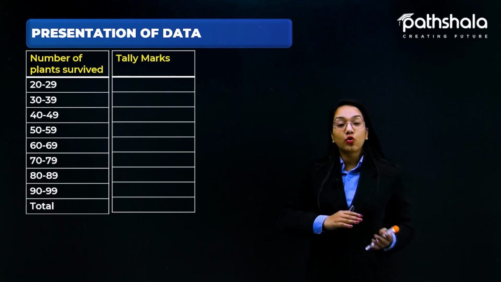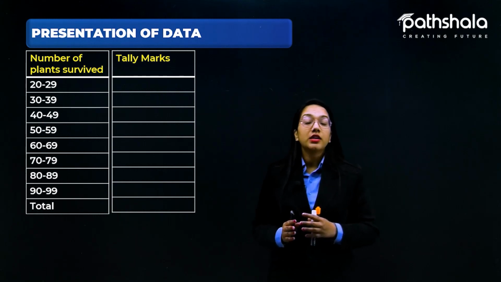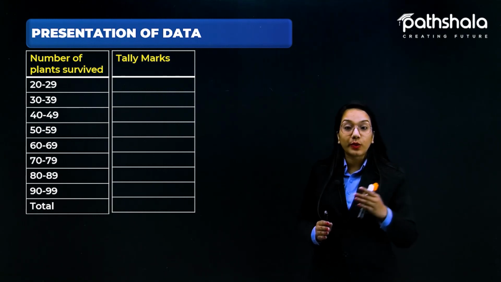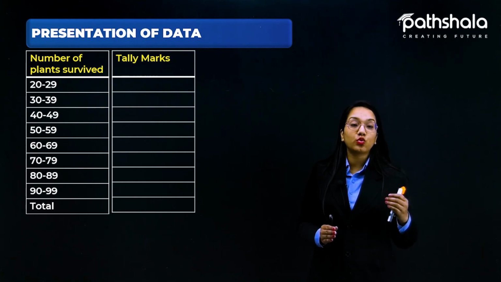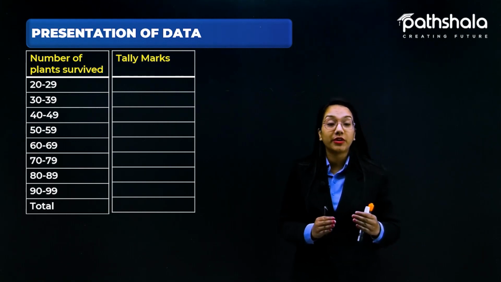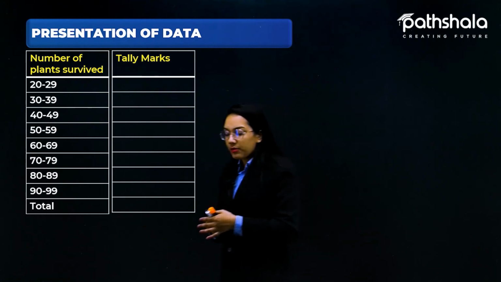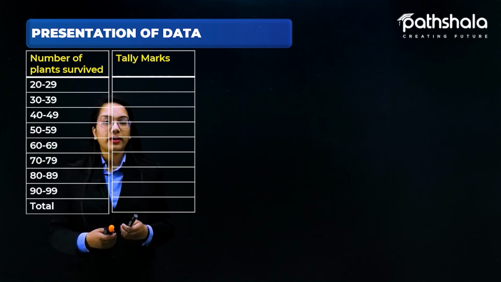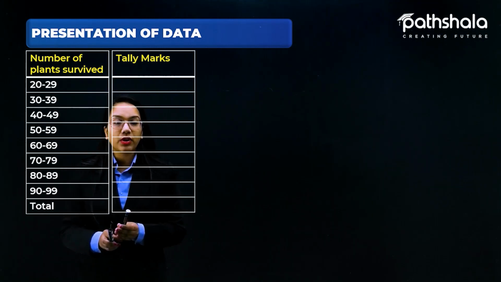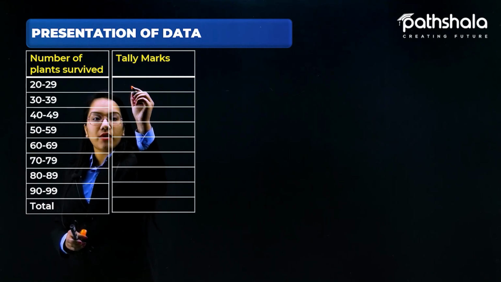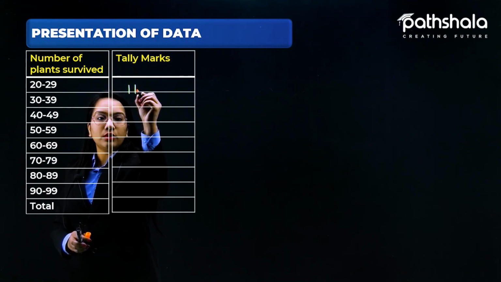If I look at the data again, I can see that from 20 to 29 we have only three entries lying in between the interval 20 to 29. So we will write the tally marks as 1, 2, 3.